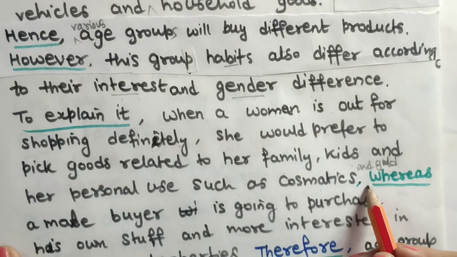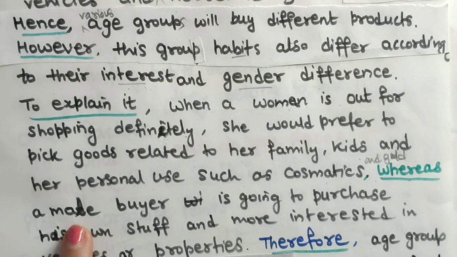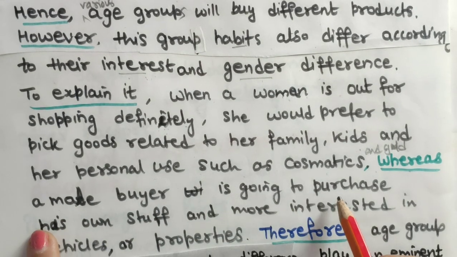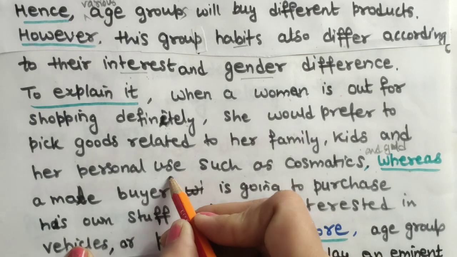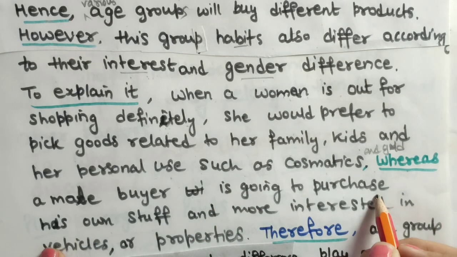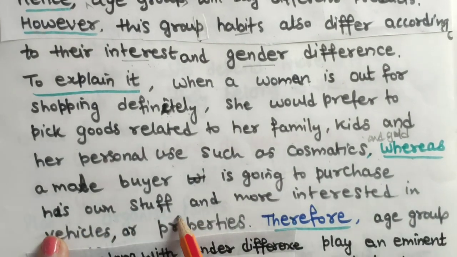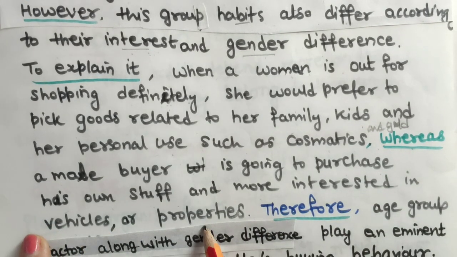Now, whereas a male buyer, when a male buyer is going to purchase his own stuff, is more interested in vehicles or properties.